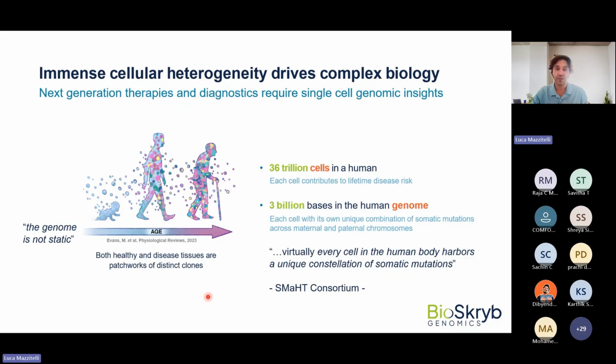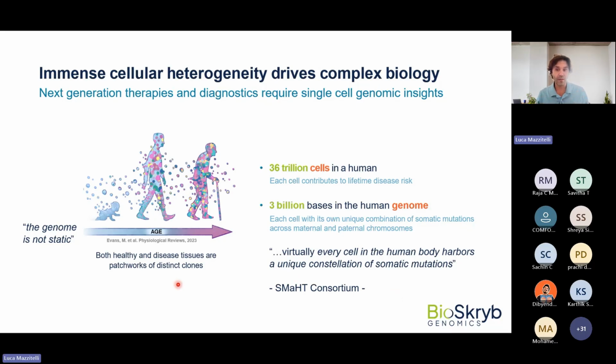And this is increasing not only in diseased tissue, but healthy tissues as well. As the SMaHT consortium, which is the somatic mosaicism across human tissues, says, virtually every cell in the human body harbors a unique constellation of somatic mutations.